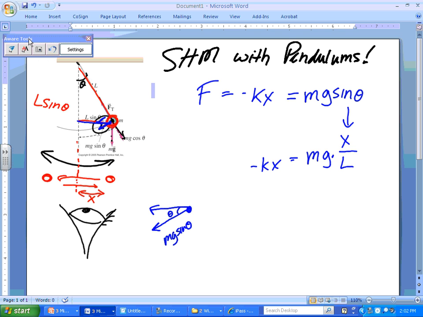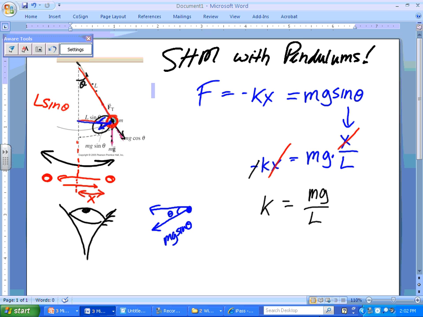Now I've got an x on both sides, so that can go away. And then I have k quantified by mg over L. And the other lie is that I forgot the negative sign. Oops, lie, it's gone.